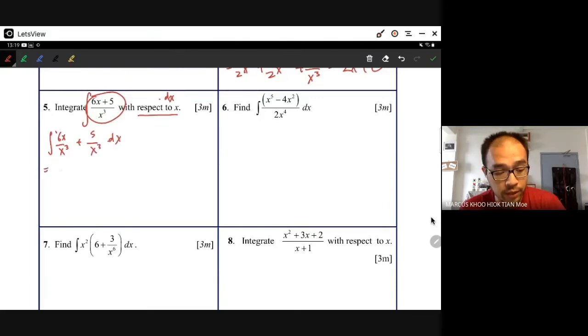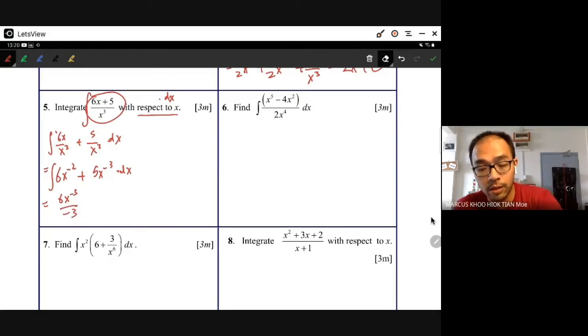Simplification of this will give us 6 over x squared plus, I'm going to bring the 3 up, 5x to the power of minus 3 to dx. Actually, this one also, I can terus bawa lah kan, 6x to the power of minus 2 lah. Okay, integration terhadap dx. And when you integrate, you will get, this will be 6x minus 3 over minus 3. Oh, sorry, not minus 3 kan?